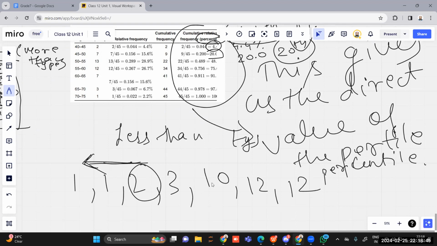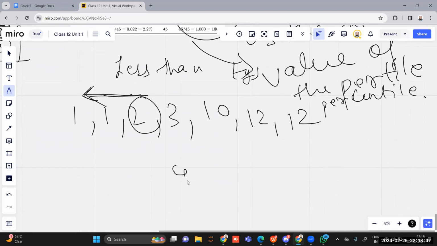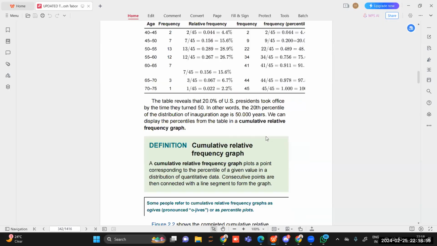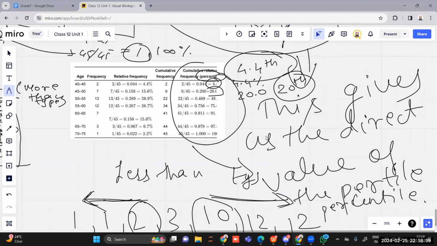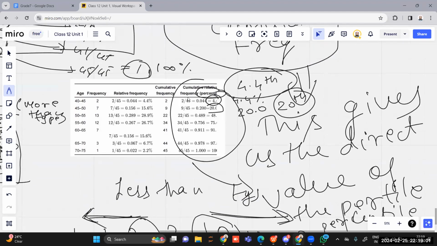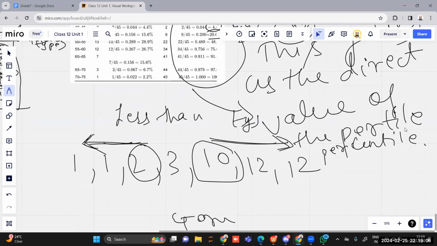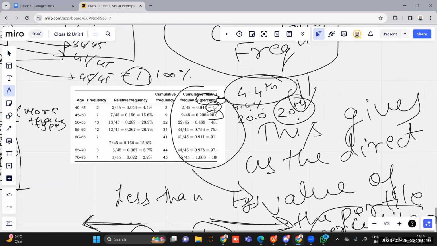But if we take the greater than type, this will be the direction of the data. If you don't have less than or greater than, don't go in depth. Just understand that the cumulative relative frequency gives us knowledge about percentile and shows how many data points are below that.